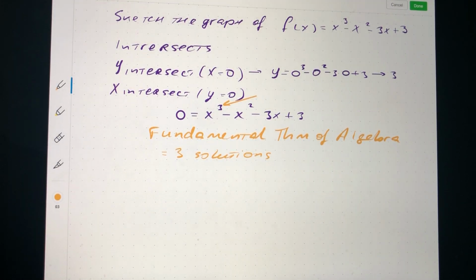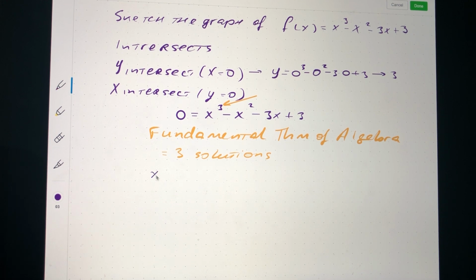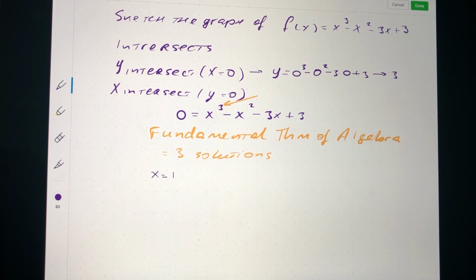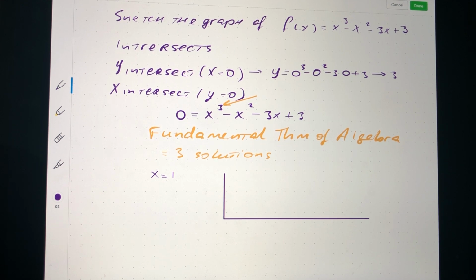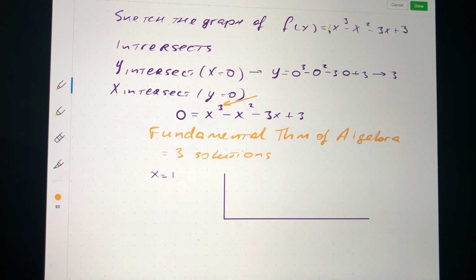So let's use that in synthetic division. The calculator says x is 1. Using synthetic division, we're only using the coefficients of our polynomial, which is 1, -1, -3, and +3.